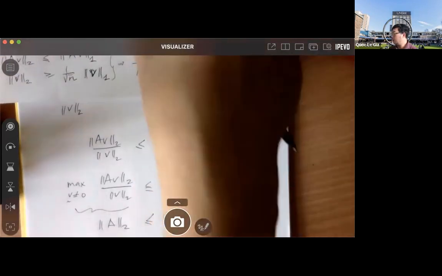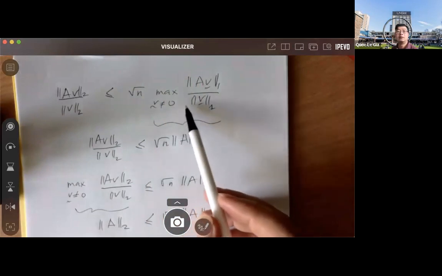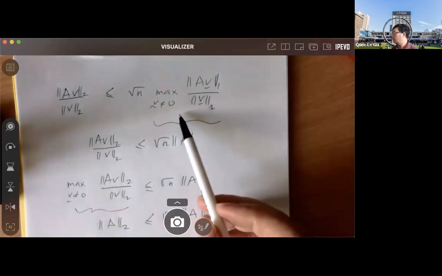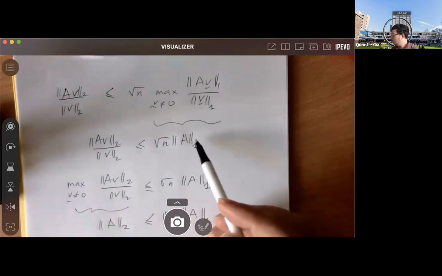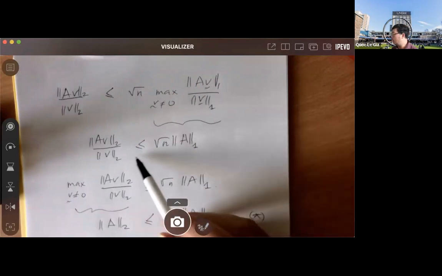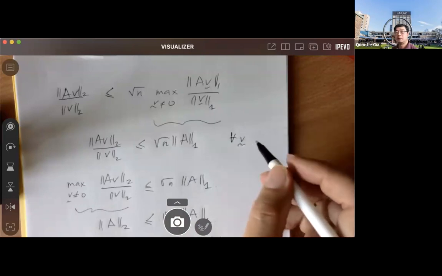So then you can take the max of the right hand side, and it's still correct. Then if you take the max, it becomes the one norm. And now the upper bound doesn't depend on the vector v anymore, so it's always true for any non-zero vector v.